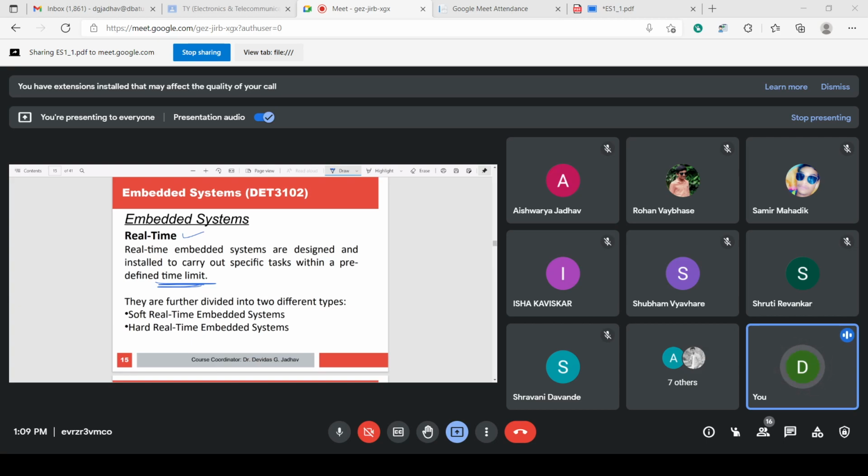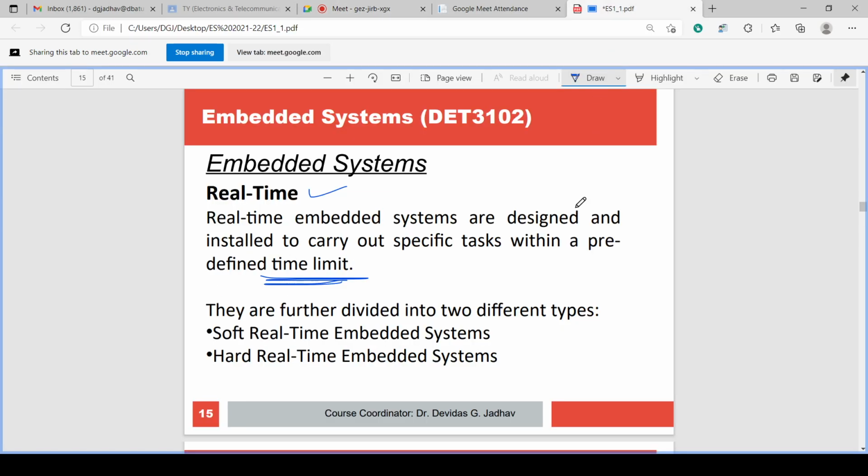Let us continue now. What we are discussing is the real-time system. Real-time embedded systems are designed and installed to do the specific task within the predefined time limit. The time limit is predefined, so within that time limit it has to complete that task. Each task has some particular time limit. That is called a real-time system.